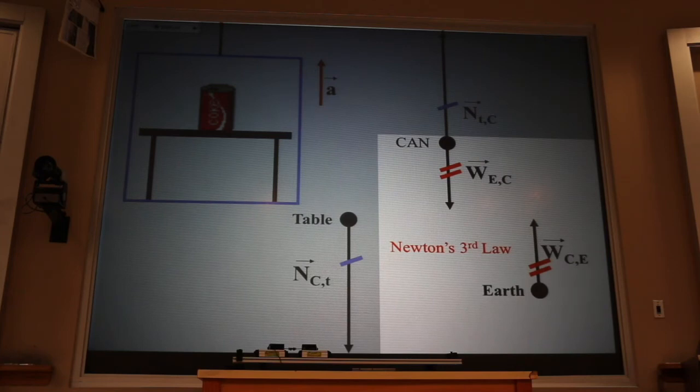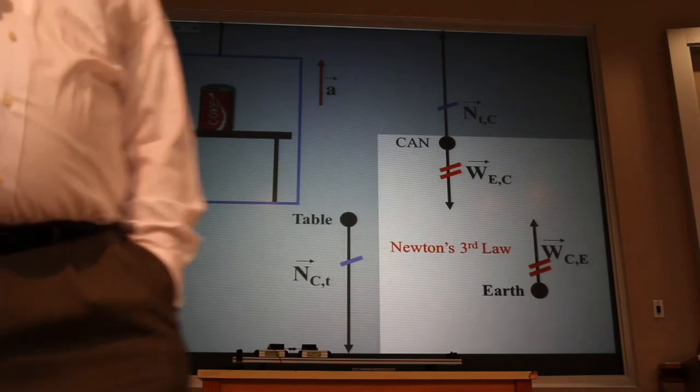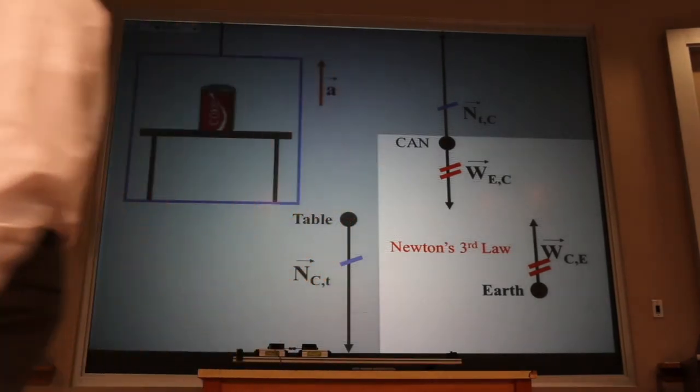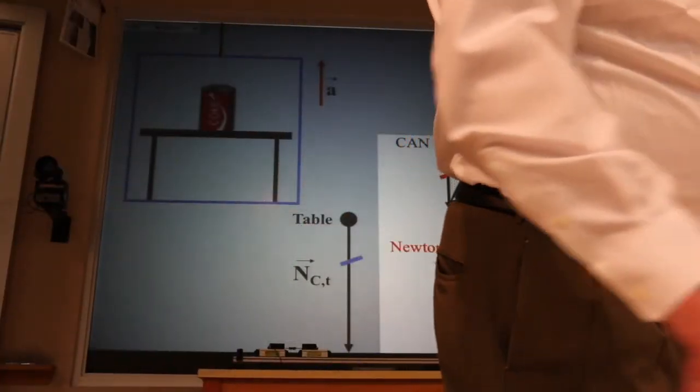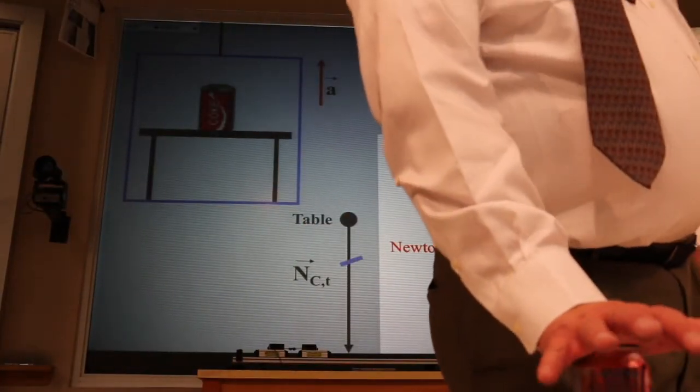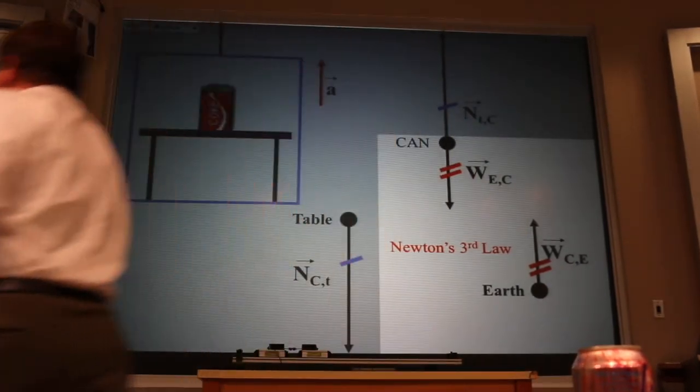I said, okay, Bill. Newton says for every force there's an equal and opposite reaction force. What's the third law companion force for that normal force? Bill went to the board and he said, well, a force that's equal and opposite to that is that. And suddenly the other professors in the room knew where I was going. And I said, well, Bill, why don't you just lean over and push down on that can? What happens to your free body diagram?